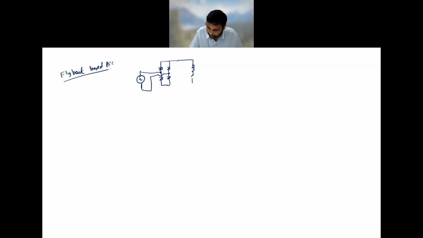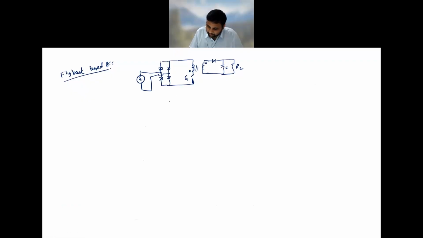Assume this is my PFC which has been connected, as my switch is there, and this is the unity which is coming over there. Then C and RL. Sorry, one mistake I did. I put the dot in the other direction. Okay.